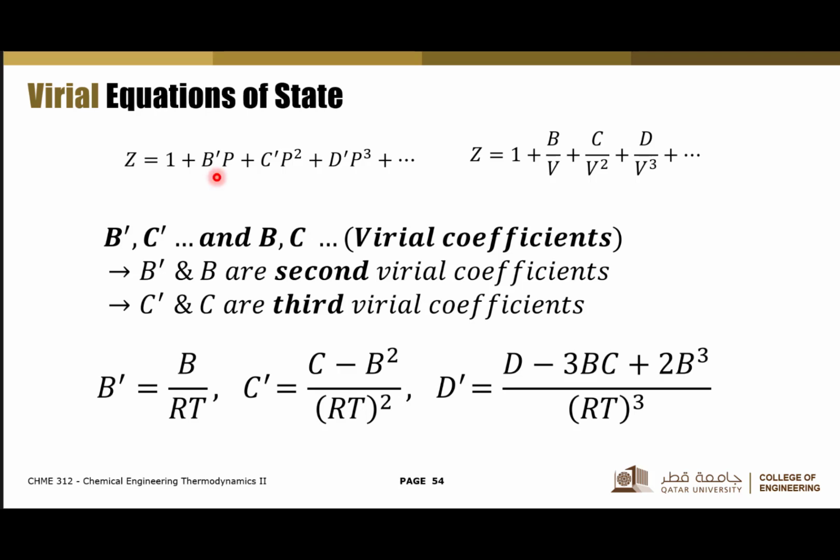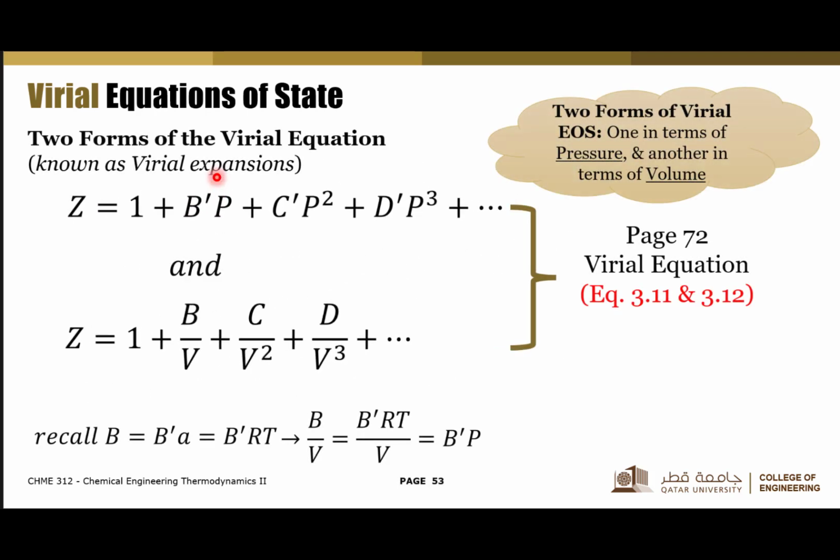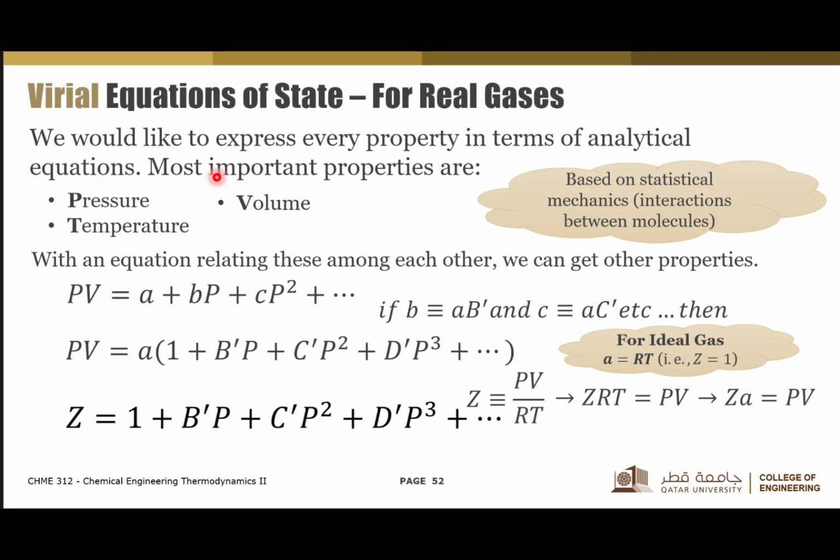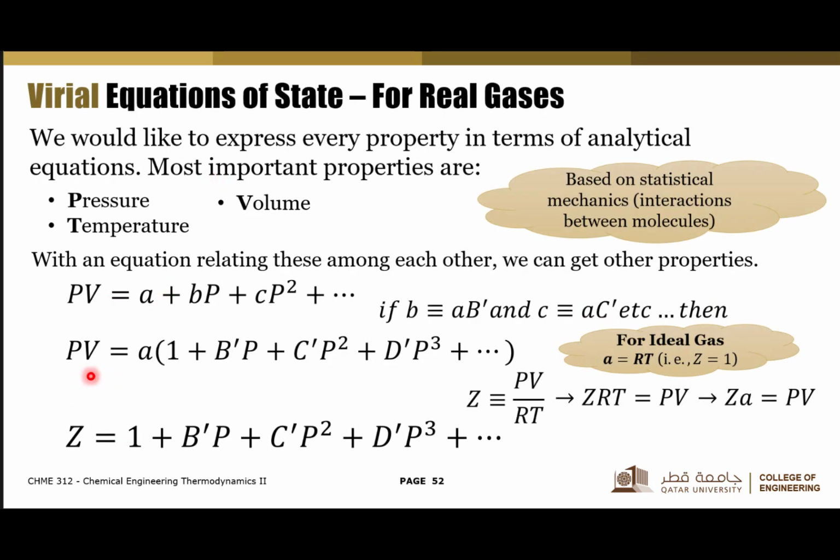If you remember, if I go back here, look at this: we have PV equals A times 1 plus, and so on. If this is large, and let's say the volume and everything else is held constant, if this is greater than 1, then my pressure would be larger.